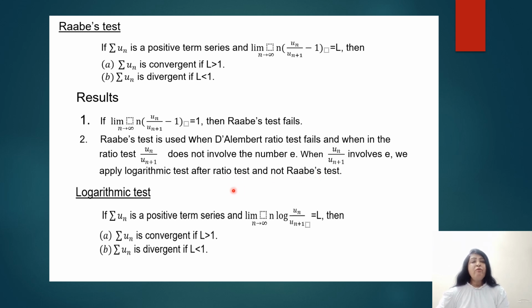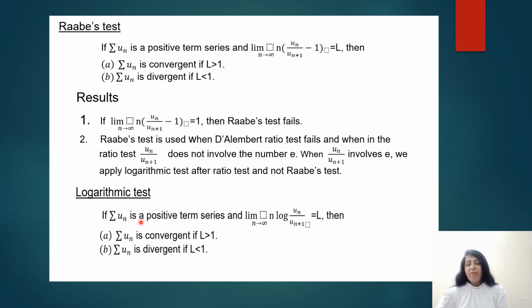So generally we apply Raabe's test after the ratio test, but if your un plus 1 term involves e, then we won't apply Raabe's test, we will apply the logarithmic test after the ratio test.